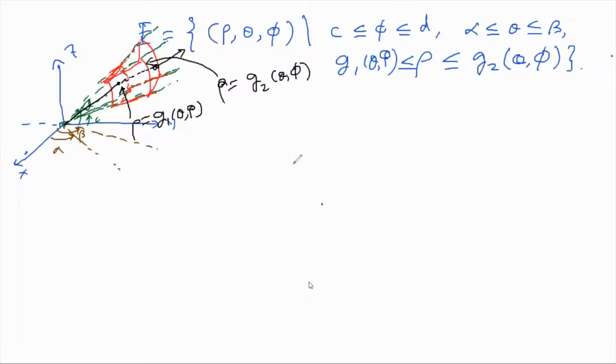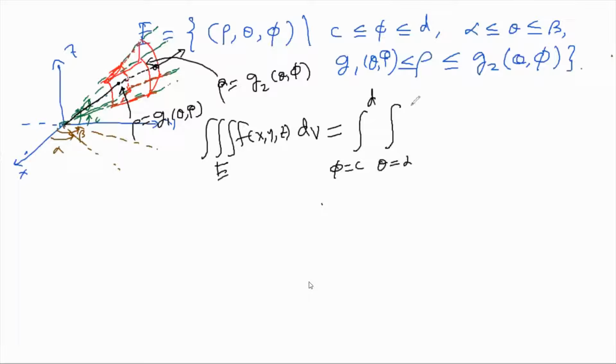Anyway, when you have this, if you are doing a triple integral over this solid E of f of x, y, z dV, then this triple integral becomes an iterated integral where phi is outside, that goes from C to D, then theta from alpha to beta, then rho from these two functions of theta and phi.